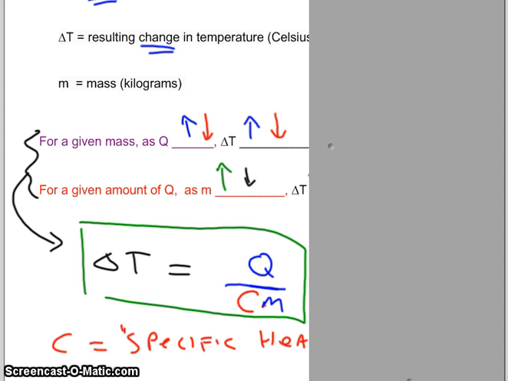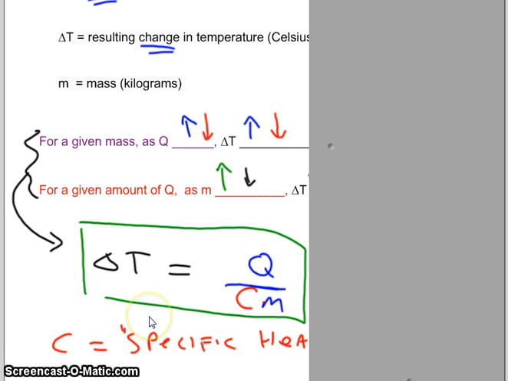A good place to start is with the slide we had up the other day as we talked about the relationship between temperature and energy and mass and specific heat. You'll recall that at first we had the specific heat in the numerator, and I realized that was a mistake, and we wanted to make sure that was down here.